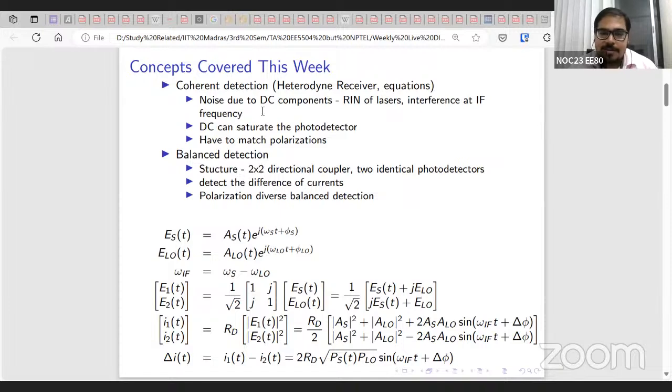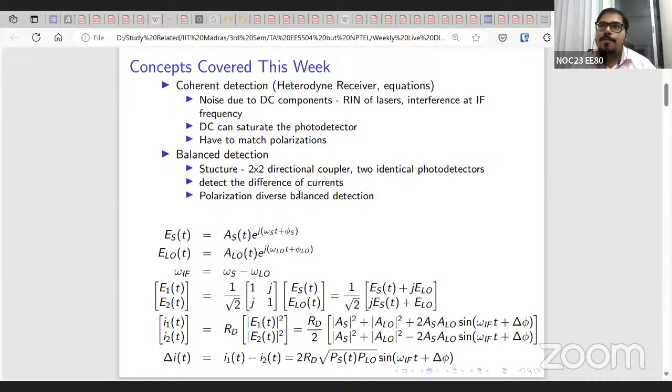We started our discussion this week with coherent detection, and the equations you have seen from, I think, week 8 or week 9 content, I'm not sure, but before discussing nonlinear effects in fiber, we talked about how the equations come up. So if you want to brush up the concepts, you can look at week 9 content also.